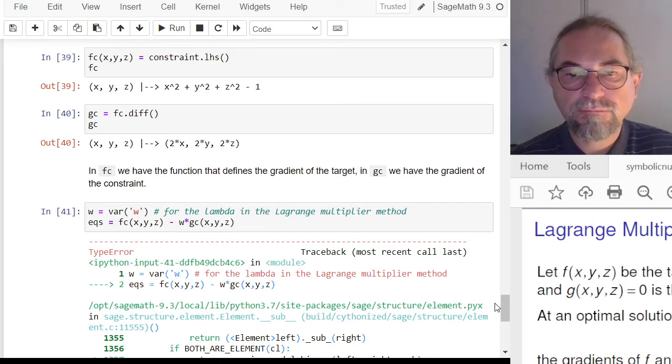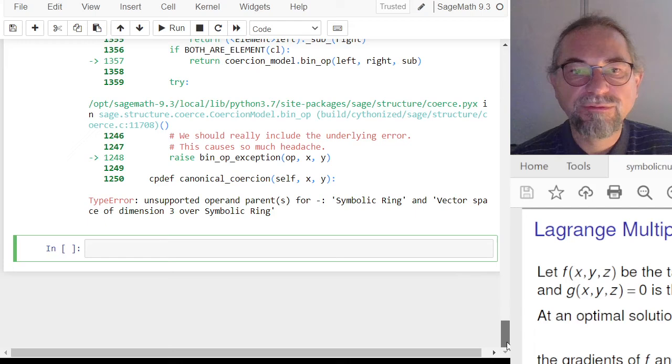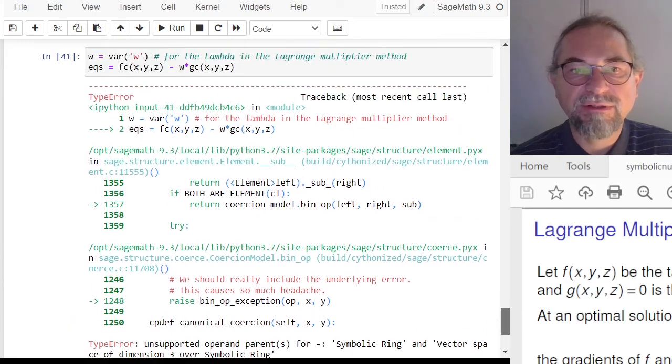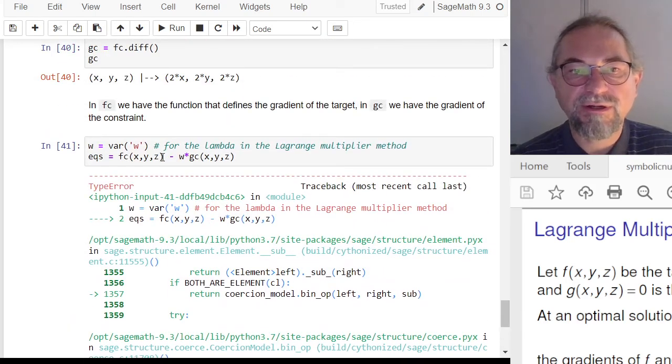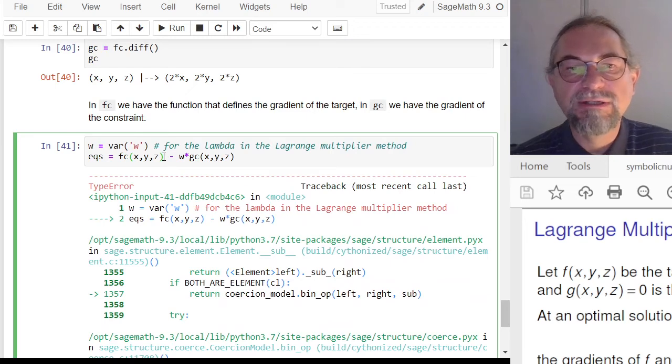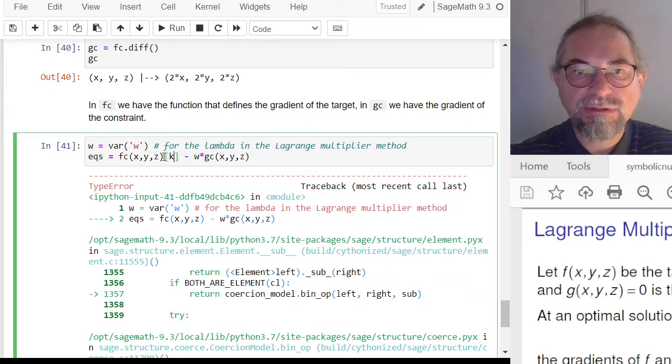I can't really do this because there are vectors. So I have to select the components.